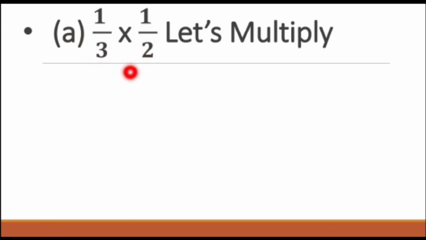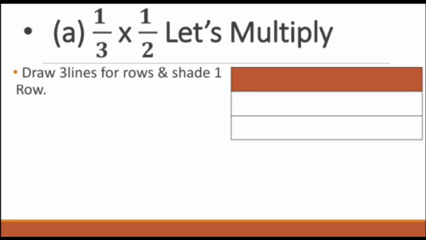Dear students, I already told you that the first fraction shows the rows. So again we need to draw 3 lines for rows and shade one part of it, in the same manner. 3 lines for rows we have drawn and one part we have shaded.